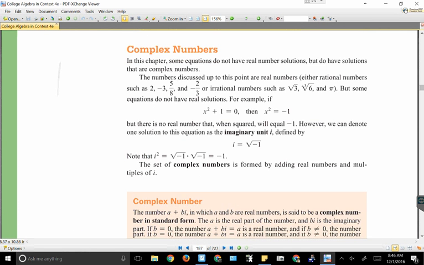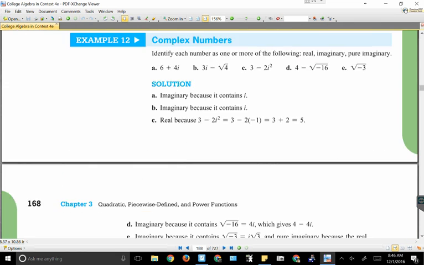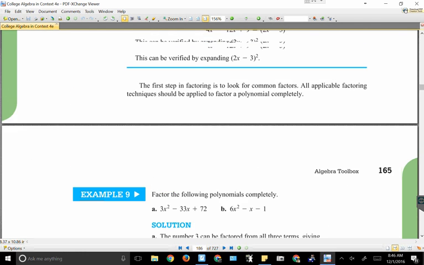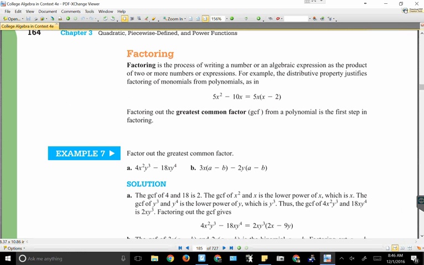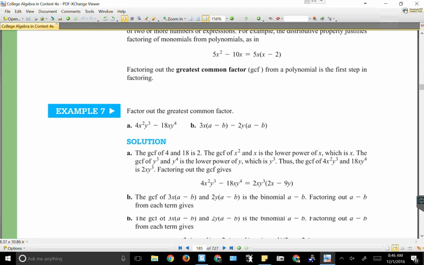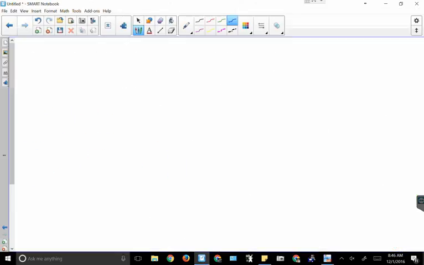Trying to remember if they actually put that in here. No, they did not. Okay, I'm going to give you a little something to work with.